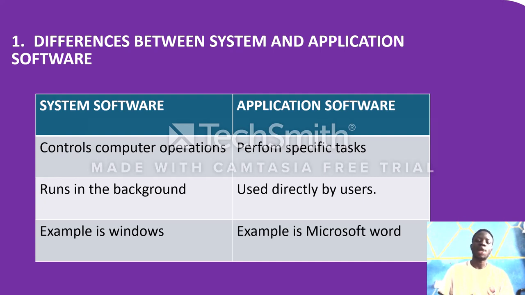System software runs in the background, and application software is used directly by users. An example of system software is Windows, and an example of application software is Microsoft Word.